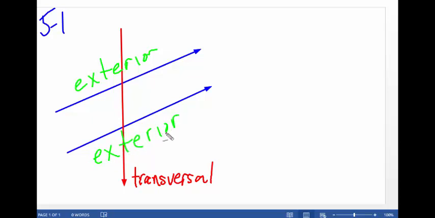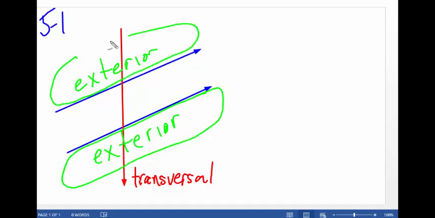That means all of the angles in this area down here and all of these angles up here are exterior. Then in addition to that, we have interior angles. The interior refers to inside of the two parallel lines, and exterior refers to outside of. So these are our interior angles.